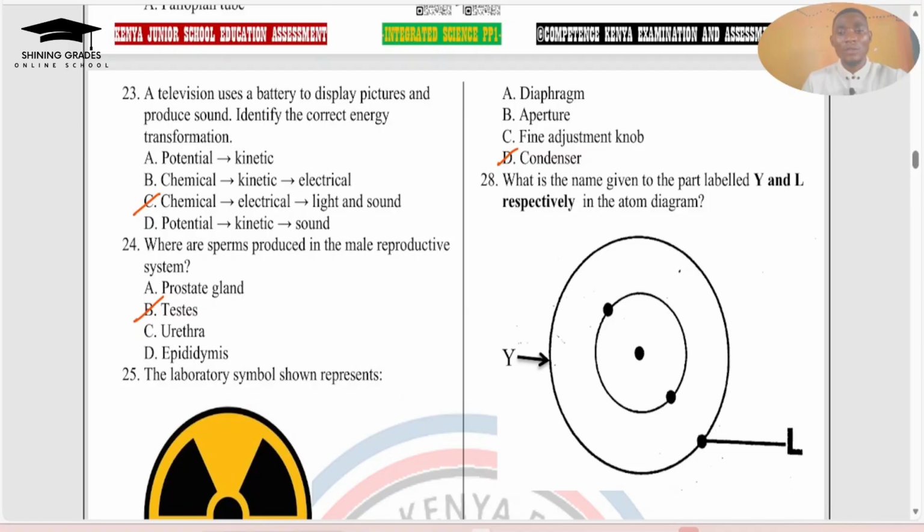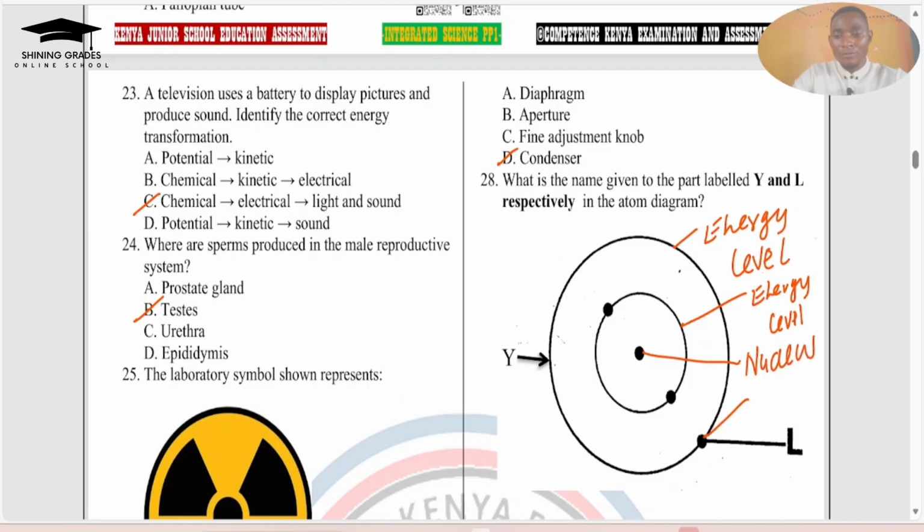What is the name given to the parts labeled Y, L respectively? Learners, this is the structure of the atom. These are the energy levels. It is an energy level. This is another energy level. We have the nucleus.